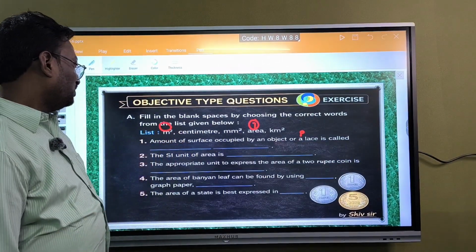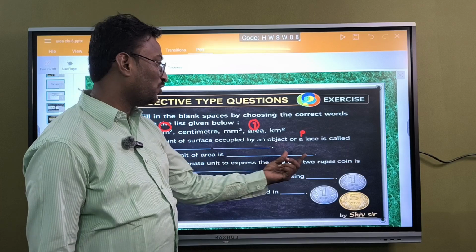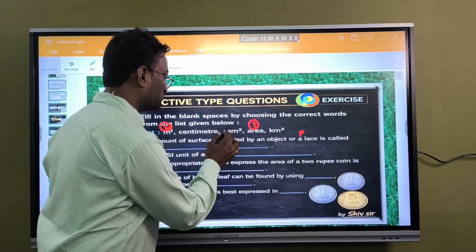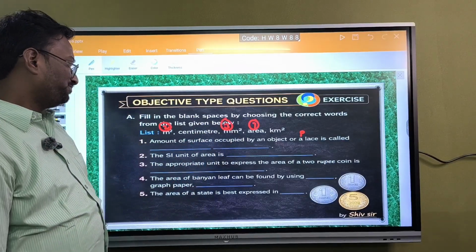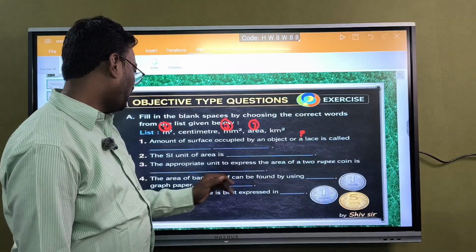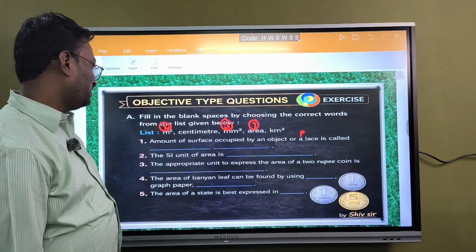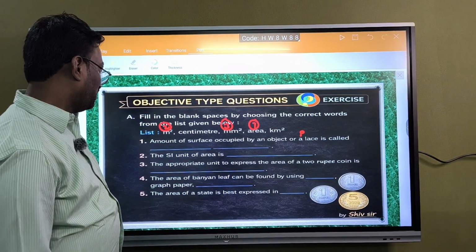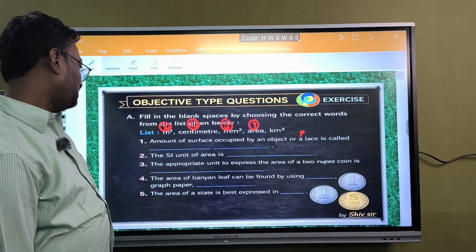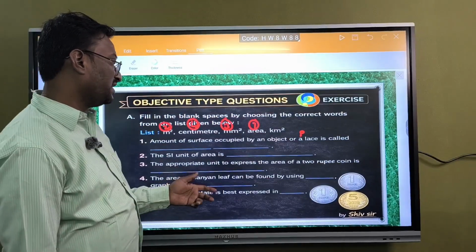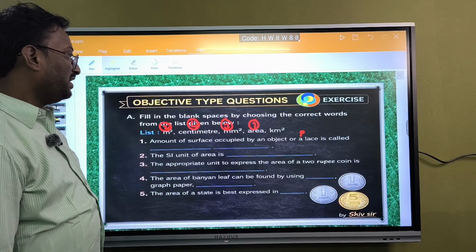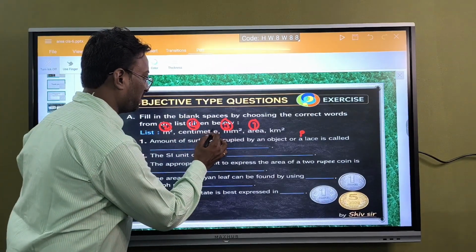This is 2. The approximate unit to express the area of a 1 rupee coin. It will be expressed in millimeter square. And the area of a banyan leaf found using graph paper will be in centimeter square, not centimeter.